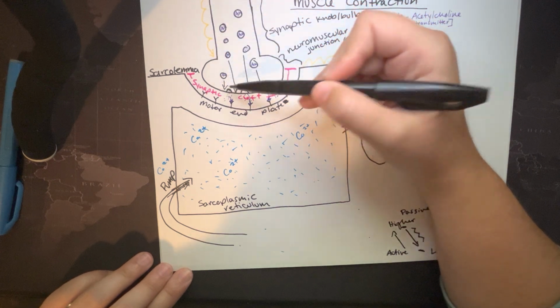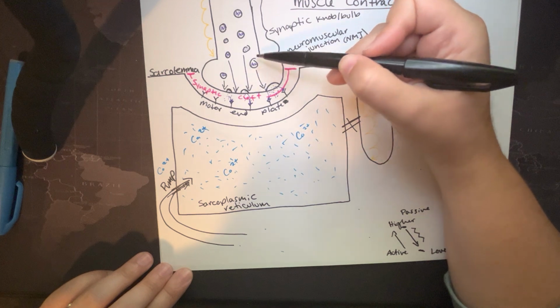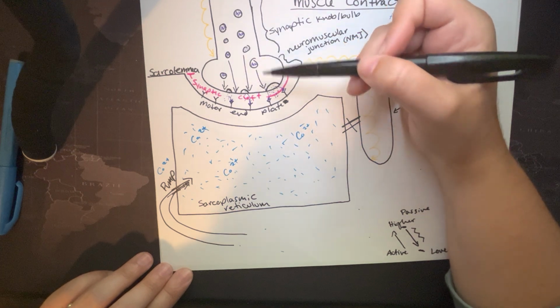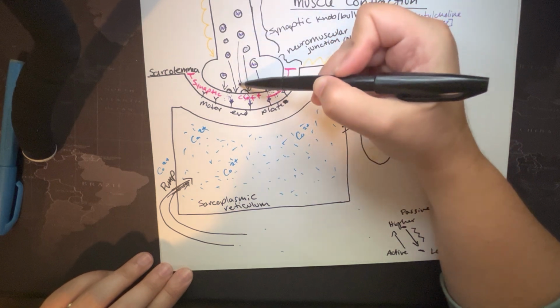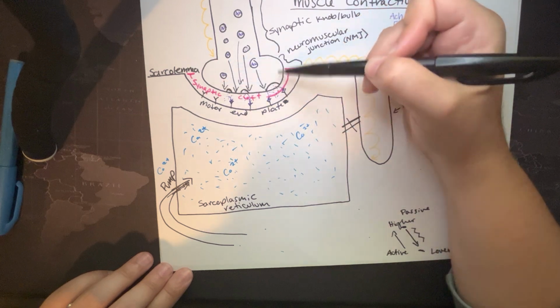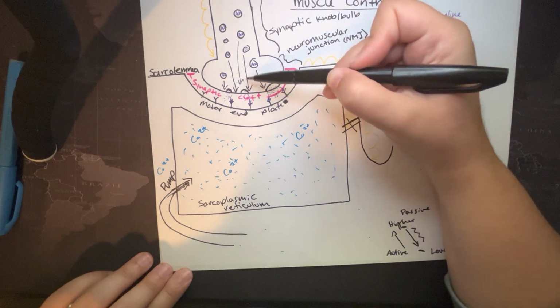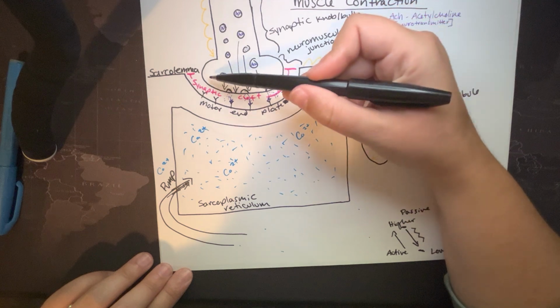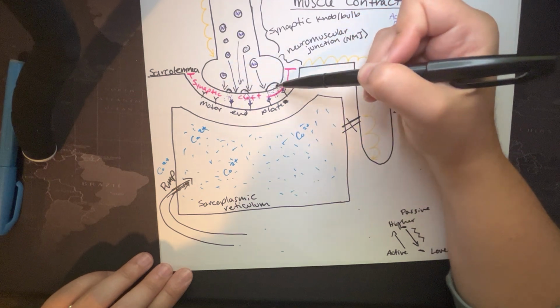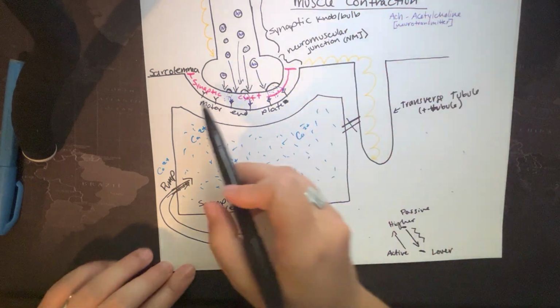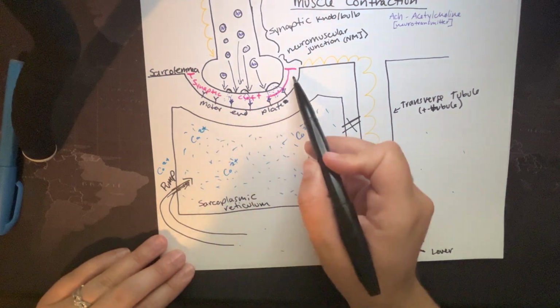Once the signal is sent down to the end, that triggers our transport vesicles that have acetylcholine in them to travel south and exit this synaptic knob via exocytosis. They are going to bond with the cell membrane and release the acetylcholine into our synaptic cleft.